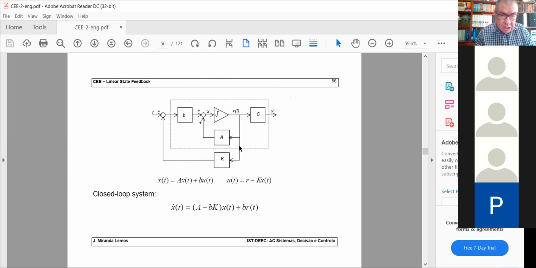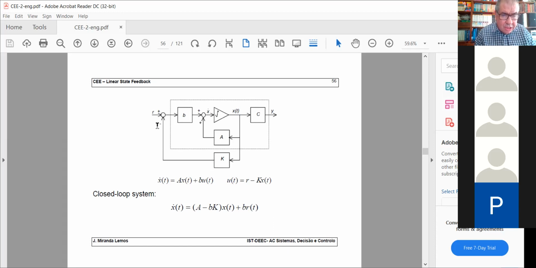And you have some sensors here. You measure all the state with sensors, and then you do a linear combination. When you write Kx, you are doing nothing more than a linear combination of the different states. K1x1 plus K2x2 and so on. Okay? And you put a minus sign and you feed it back. Okay? You place that r because later the reference will appear.